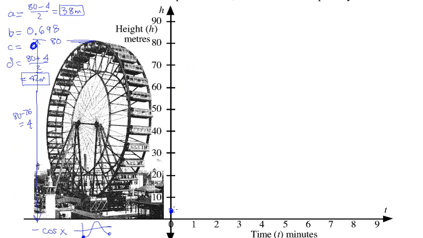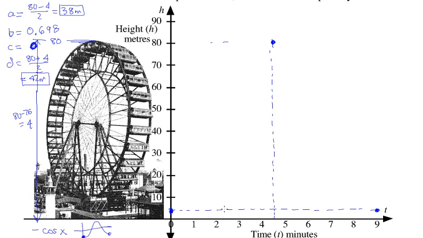We know that in 9 minutes, it has to have gone through a complete cycle and again be 4 meters off the ground. Halfway through a cycle, so at 4.5 minutes, it has to be at its absolute maximum, because these waves are symmetric, and the highest it ever got was 80 meters, so there we are. There's our max.